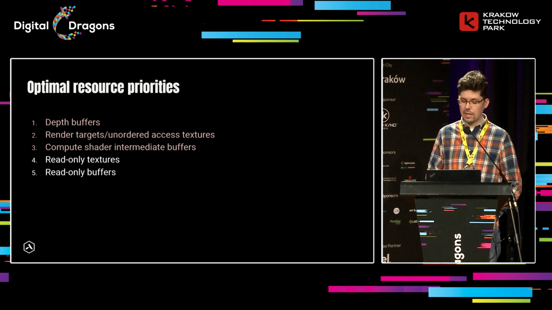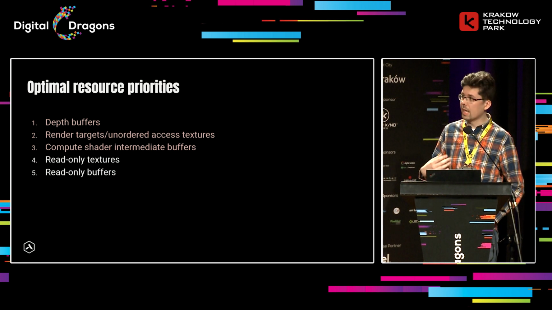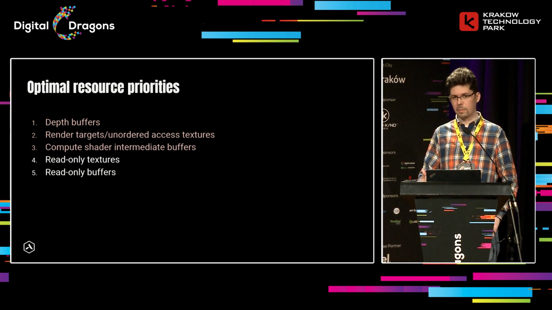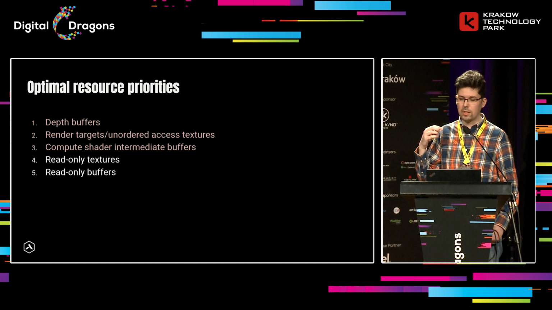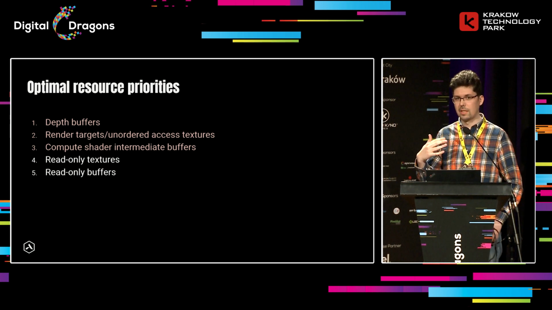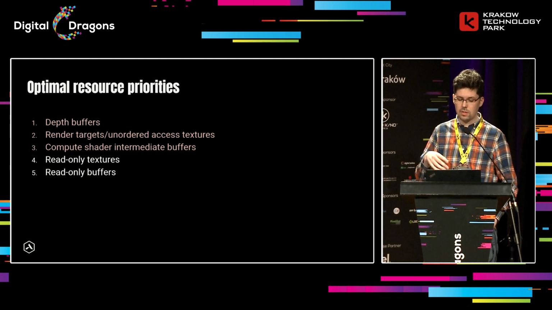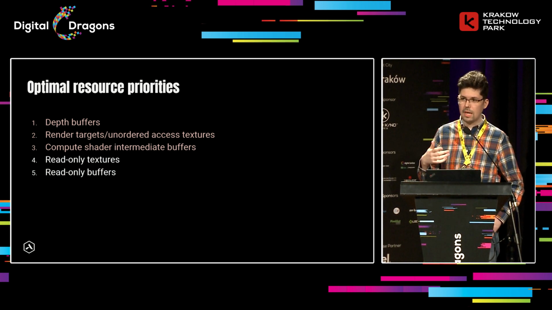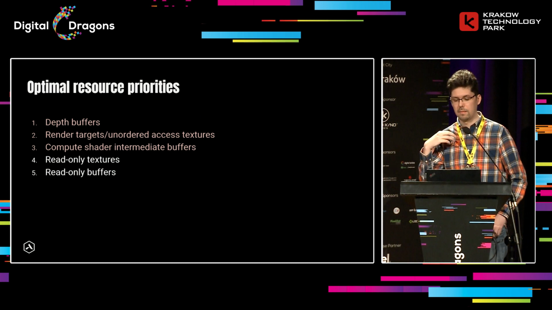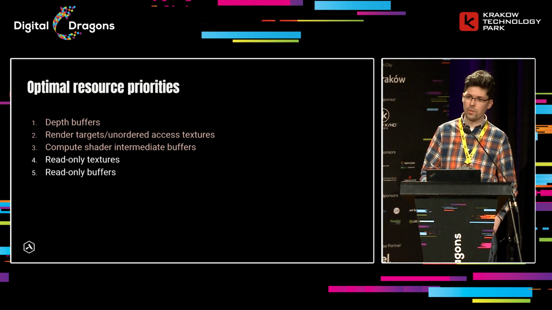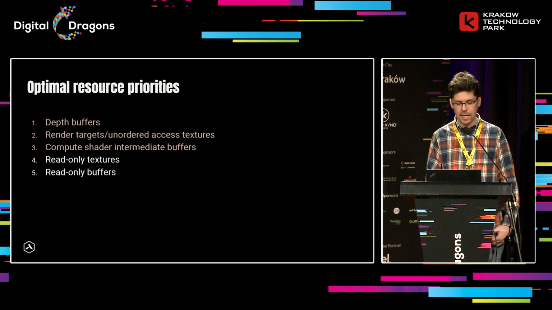The less important things, you could argue, are our read-only textures and our read-only buffers. The read-only textures are a little bit less important because we don't necessarily need the entire texture every single frame. You only generally need the parts of the textures that are at least visible on the screen. And because they are generally pretty cache coherent, the access that we do to them, we can kind of rely on the caches on the GPU to be able to hide the cost of reading this over PCI Express a little bit better.